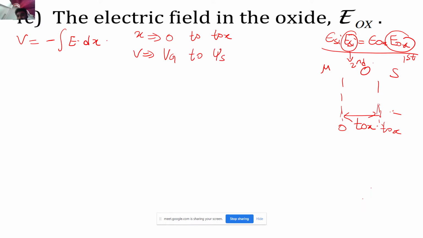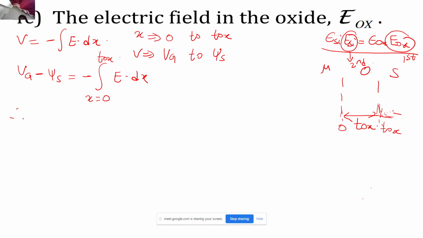This is the potential that I will be getting over here. So Vg minus psi s is equal to minus integral of E dx, where x is varying from 0 to TOX. This is just a routine thing that you guys will be getting.